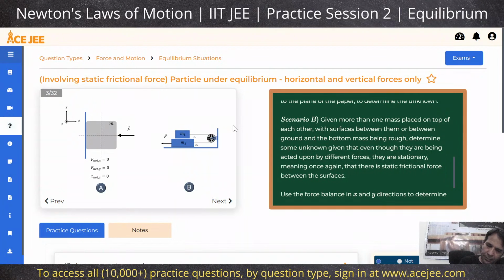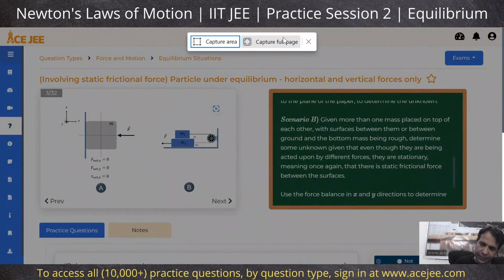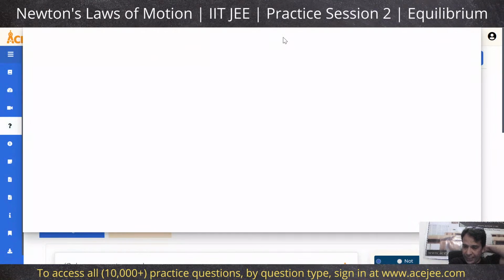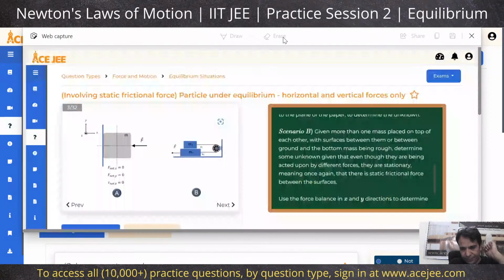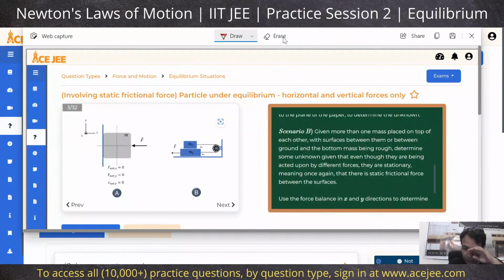Yes, Peter? Any ideas? So let's think of the tension in the string as T. Let's now draw the free body diagram for the two masses independently. So here is my M1. The normal force is acting this way, N1.